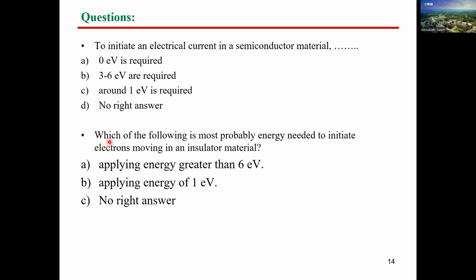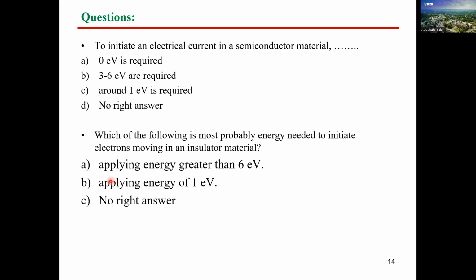The second question: which of the following is most probably the energy needed to initiate electrons moving in an insulator material? So we just mentioned, guys, for insulator materials, we need a huge amount of energy. It can be from 3 to 6 electron volts.